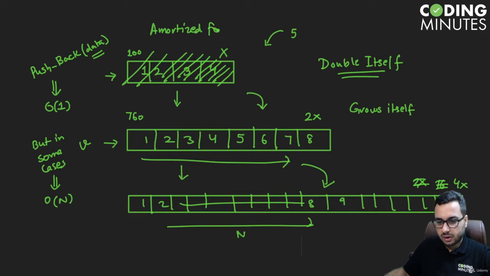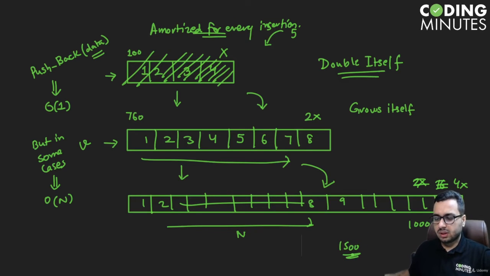Okay, for every insertion. Okay, so now you can also reduce this doubling by, if you know that you are going to get at least 1000 elements. So what is preferred is, you initialize your vector with 1000 boxes, and then if 1000 exceeds, only then you double. Okay, so that means if your data is going to contain 1500 elements, only one time you are going to double and do order n operation for 1000 elements.